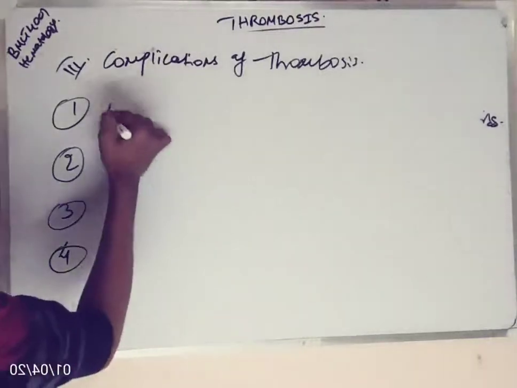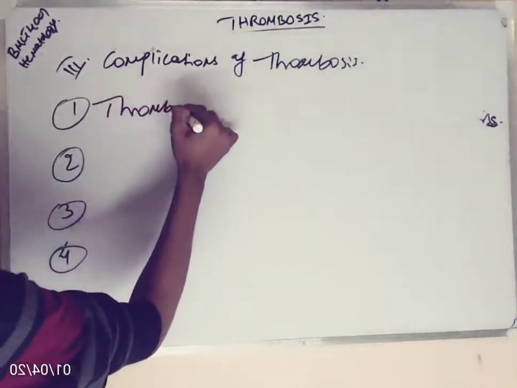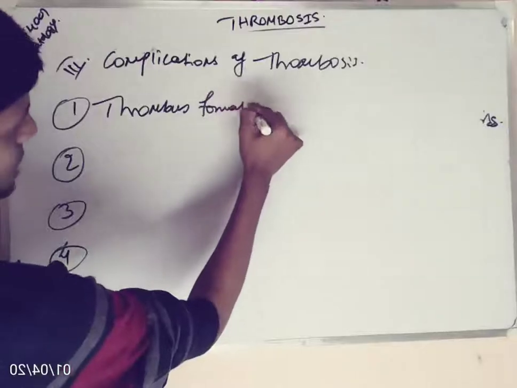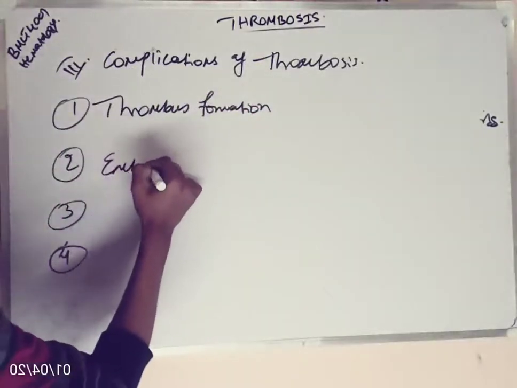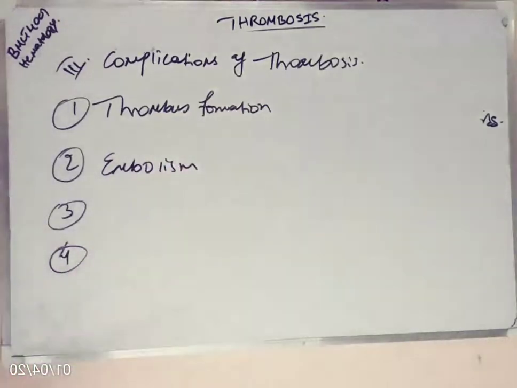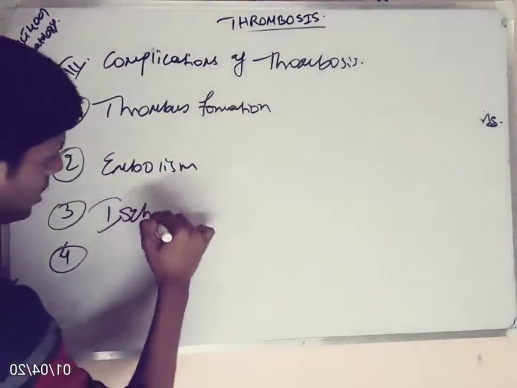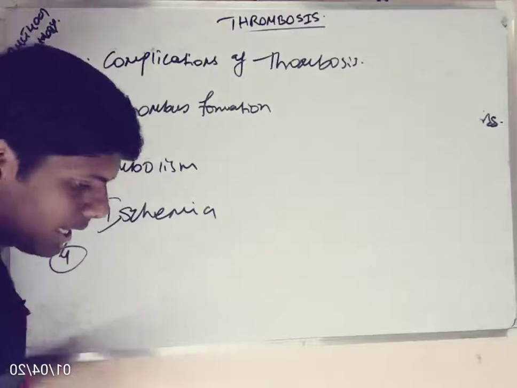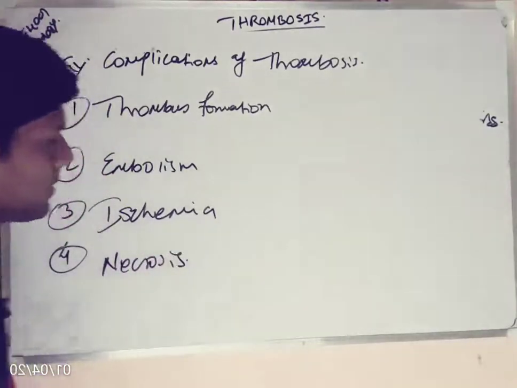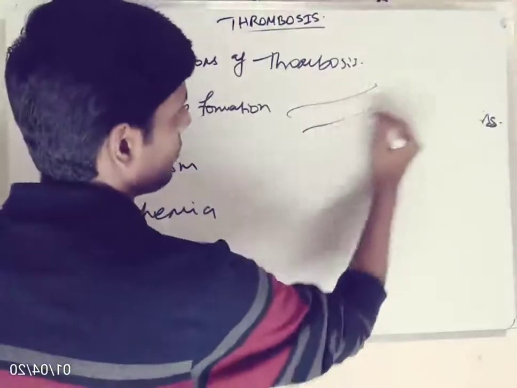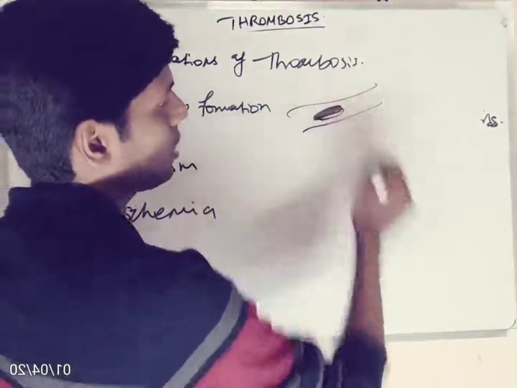Thrombus formation, obviously, formation of a clot. Then we have embolism. Then we have ischemia, and we have one more thing, necrosis. So what is thrombus formation? As we already discussed, formation of this blood clot is called thrombus.